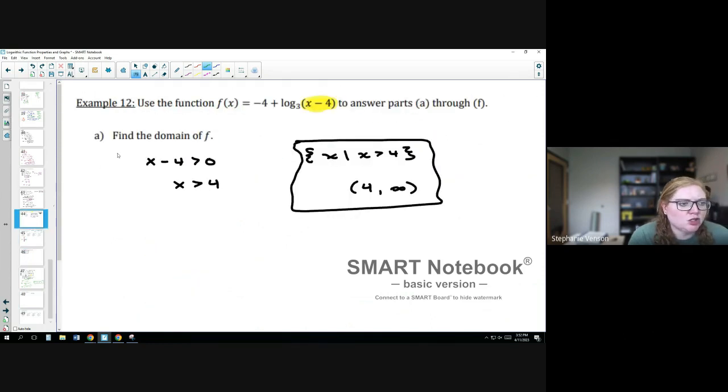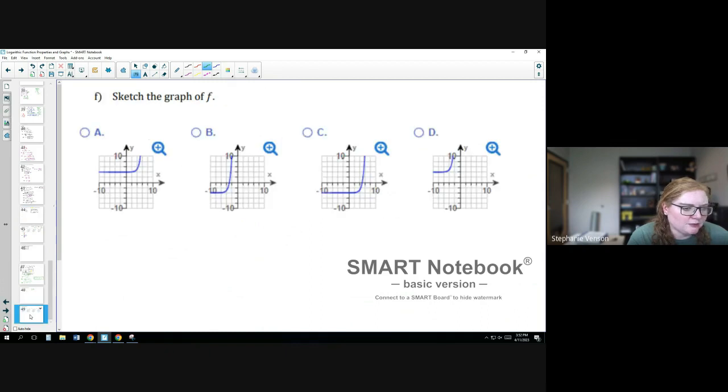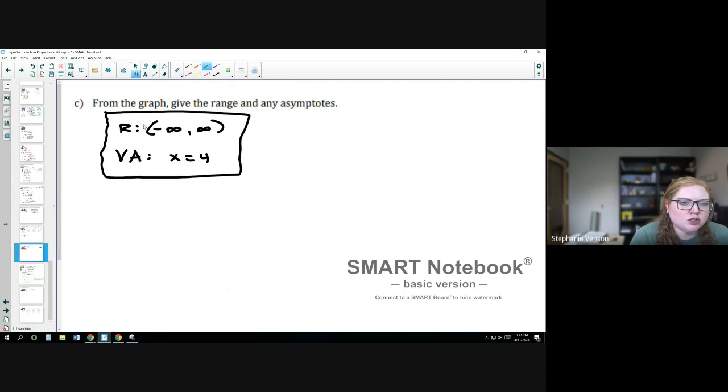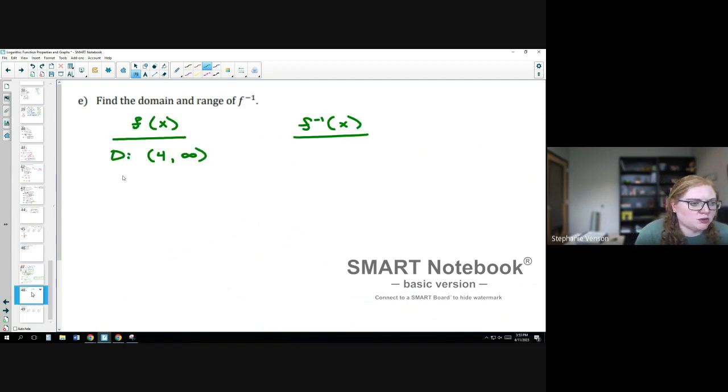Here it is. You found the domain of the original in part A. The domain of the original was 4 to infinity. And then in part C, you found the range of the original. It was -infinity to infinity.